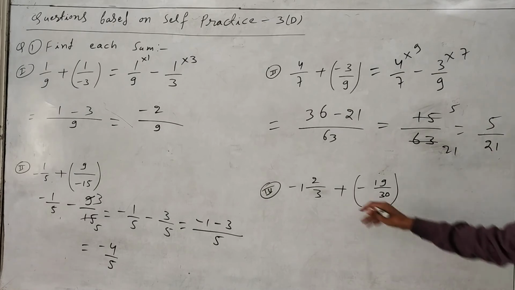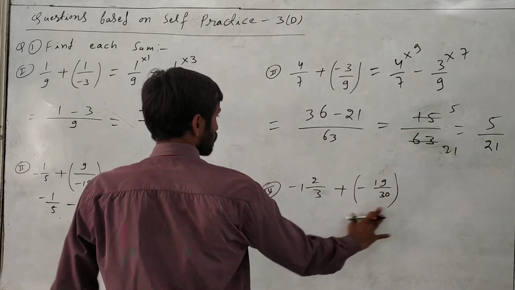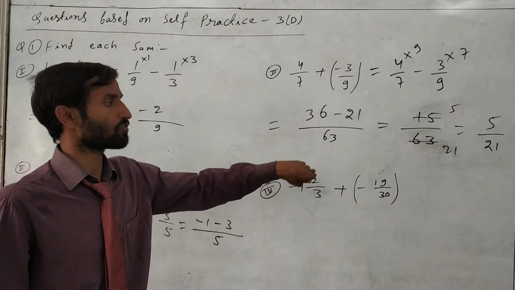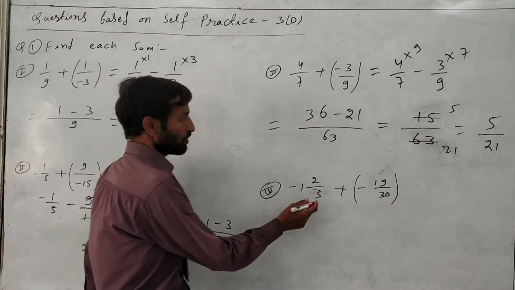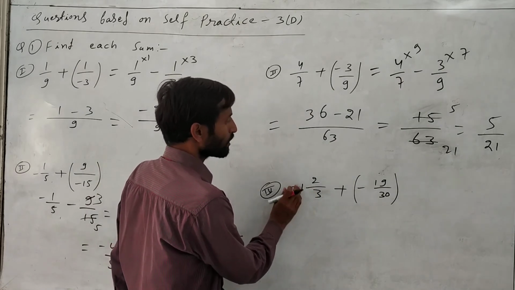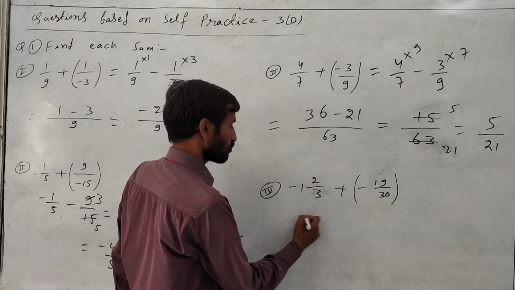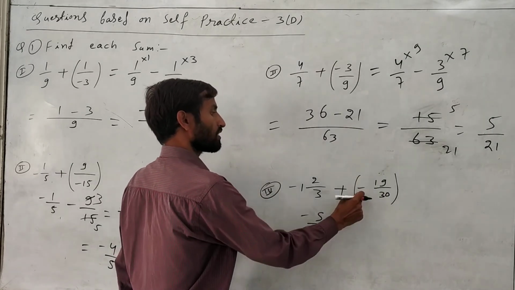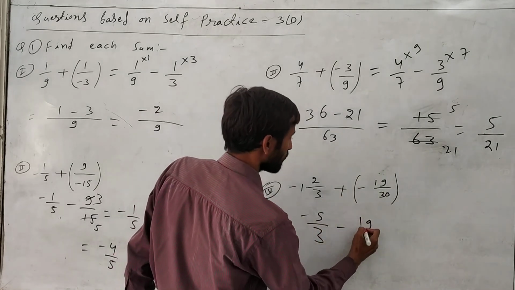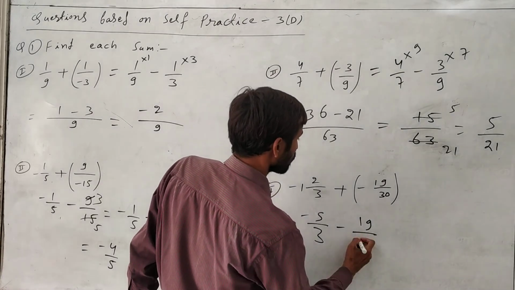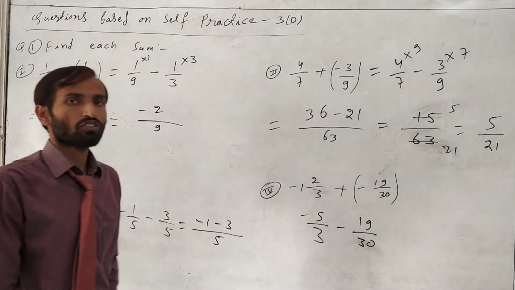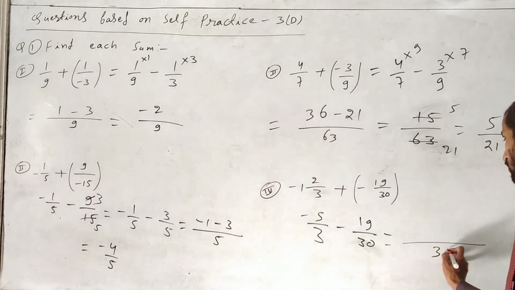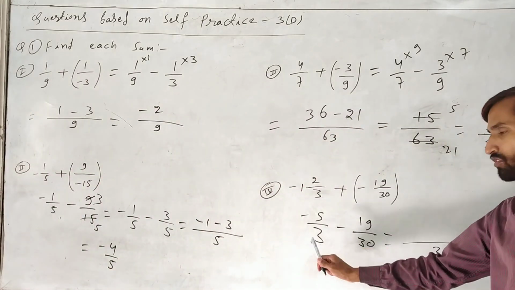After that, just do the solution of this question. First of all, it is given in mixed fraction, so first we have to remove the mixed fraction. So minus, 1 into 3 plus 2 is 5, so minus 5 upon 3. After that here also remove the small bracket, then minus will come, 19 upon 30. After that we have to take the LCM of 3 and 30, which will be 30. So write down 30 here.